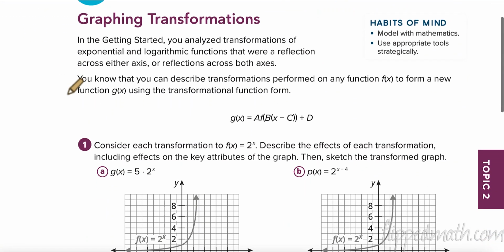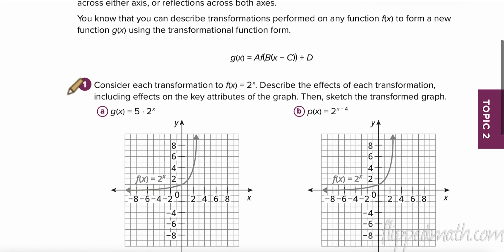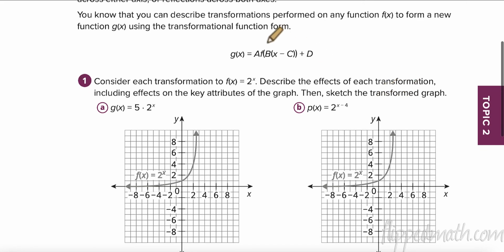All right, let's take a look at page 609. Now, they use some funky notation here. This just means this is outside the function, and this is inside the function. Multiplying is a scalar. Adding or subtracting is a translation. So over here, what am I doing? I want to describe this. I am multiplying by 5.